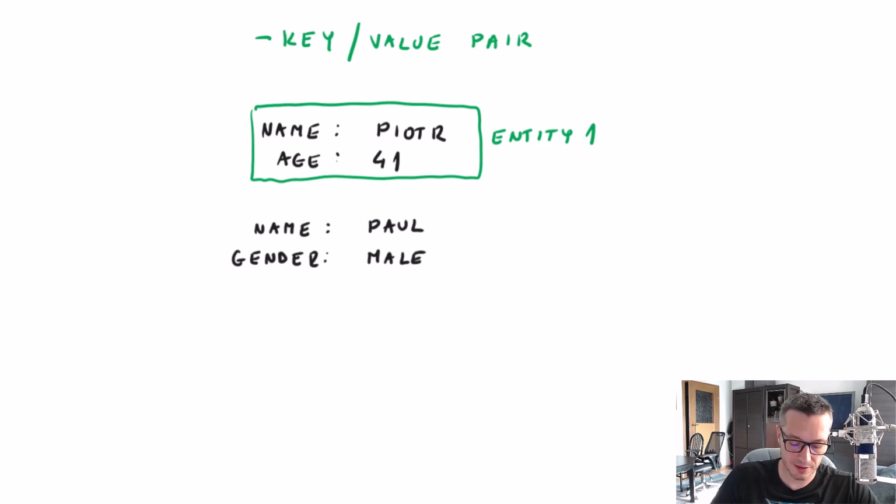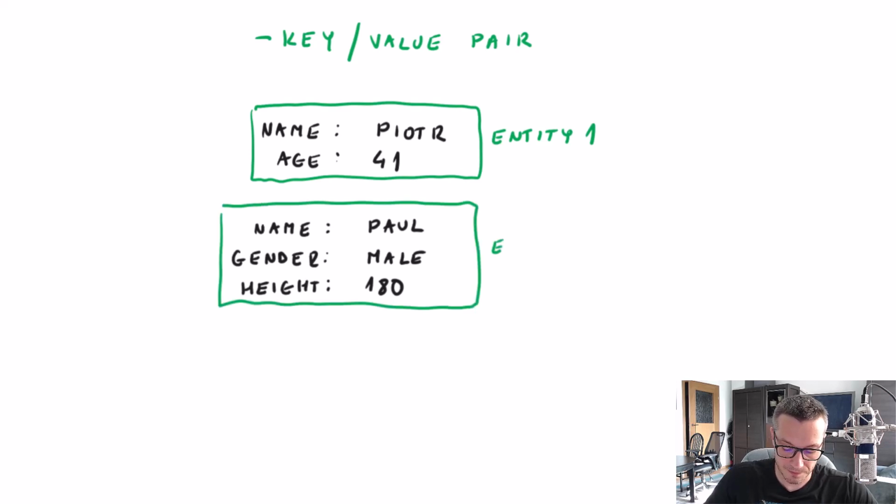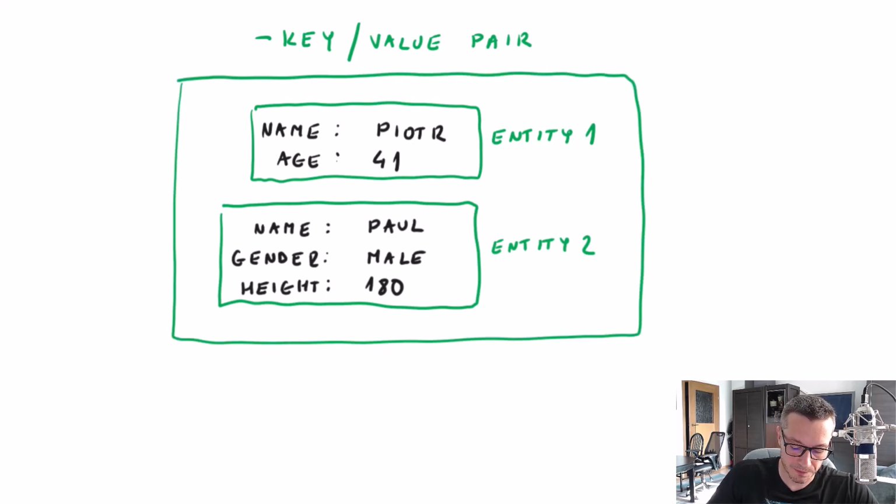Then I might set height property, whatever makes sense in context of our business, like 180 in centimeters. So this would be our second entity, entity 2. And the collection of those entities together create our table.